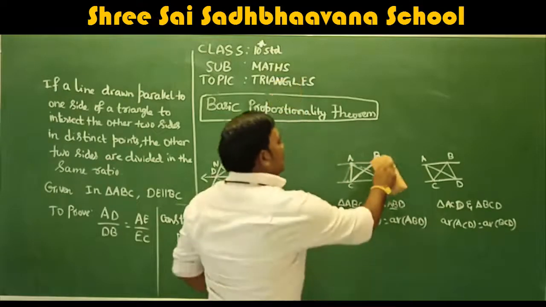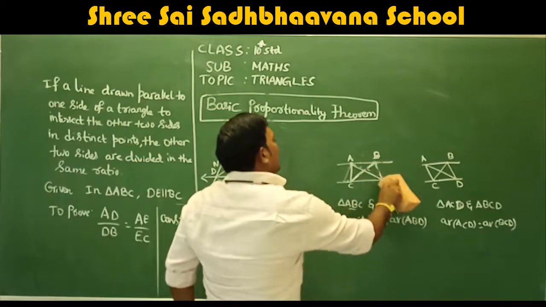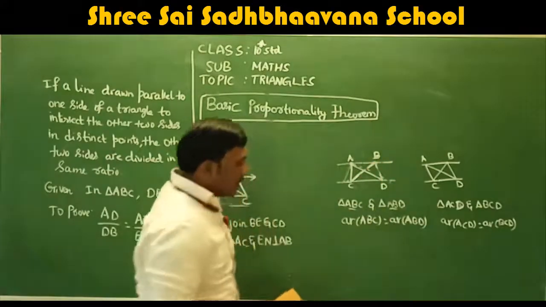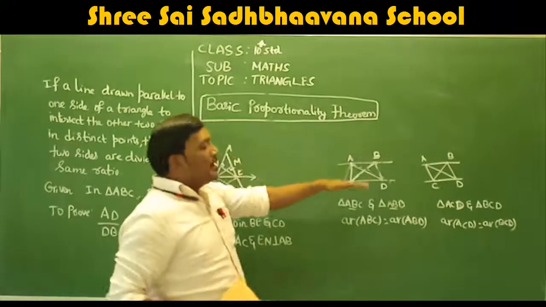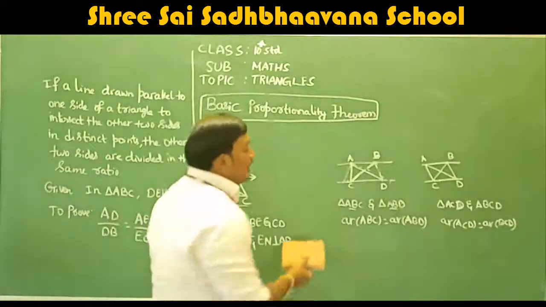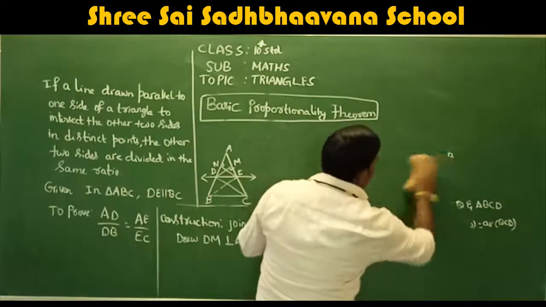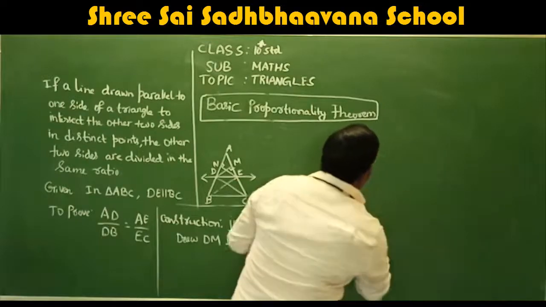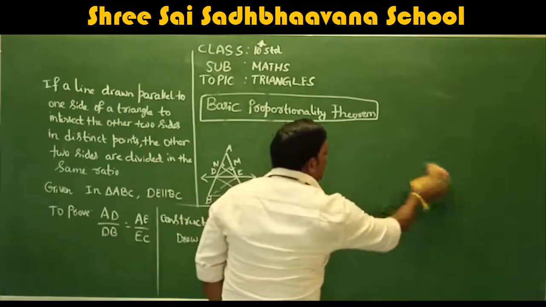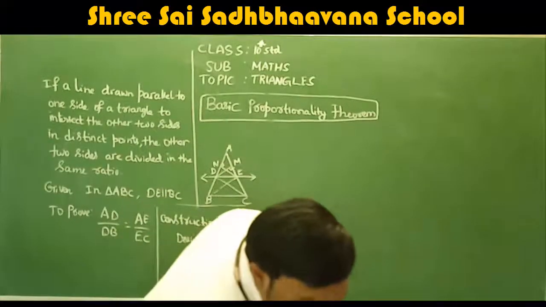These two triangles have the same base, correct? What is that base? AB. And also they are between two parallel lines. So their areas should be equal. Why am I telling you this before? Because these two properties I discussed earlier are very important to prove the theorem. I hope you understood.